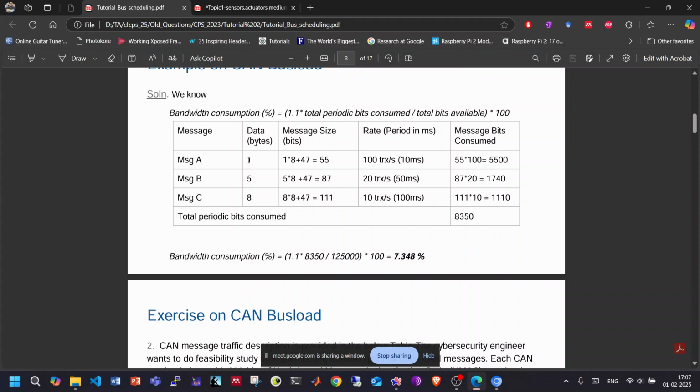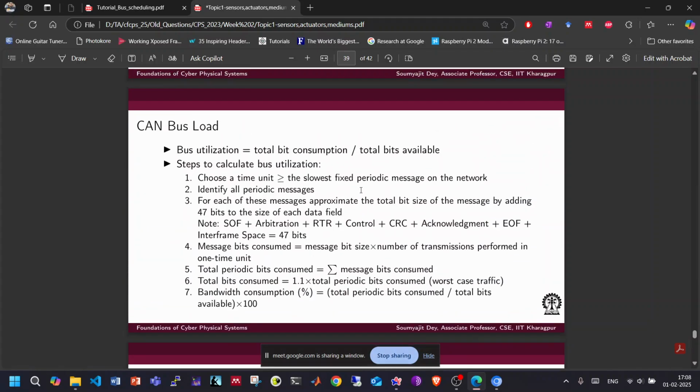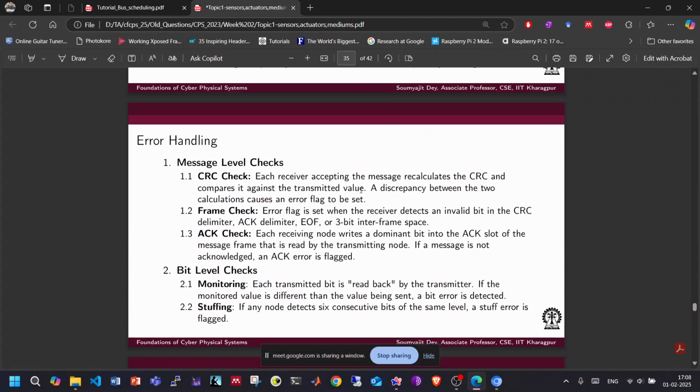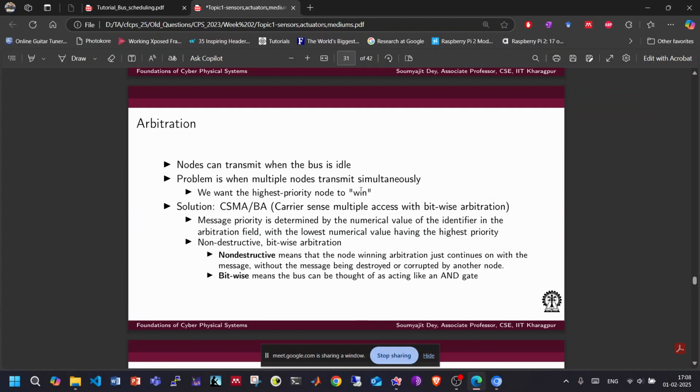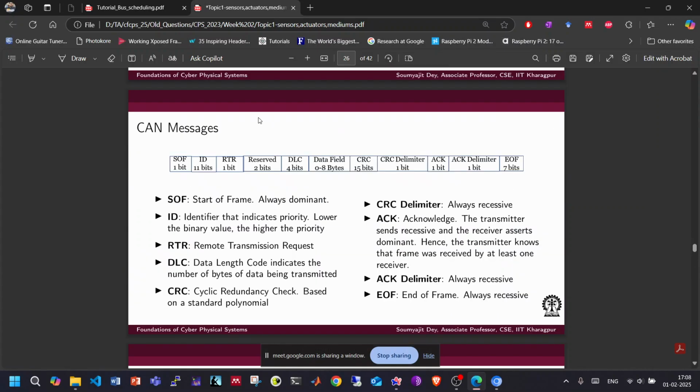So data bytes we know. Why do we add 47? Did you understand that from the lecture material? If you count other than the data fields, there will be 47 bits, considering 7 bits of EOF.